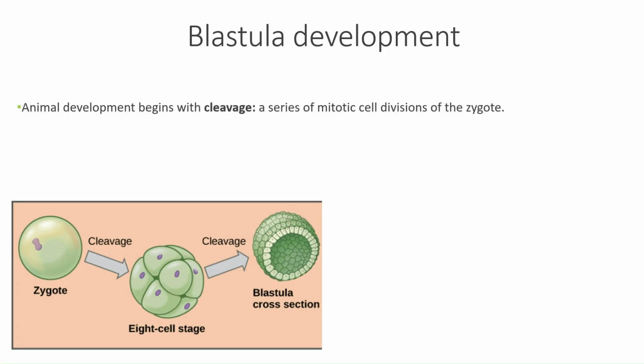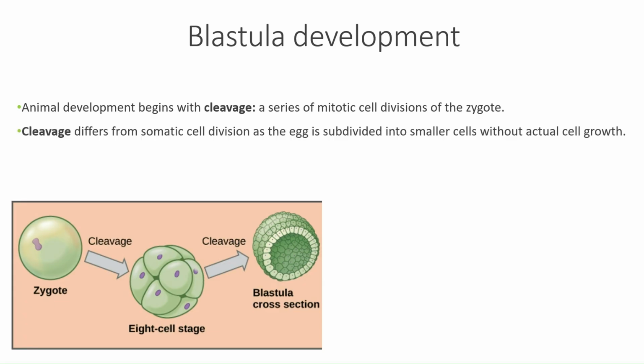However, cleavage differs from typical somatic cell division because there's no overall growth during these early stages. Instead, the embryo is subdividing the original cytoplasm into smaller and smaller cells without increasing total volume. So you notice the zygote and the 8-cell stage, there's not as much of a difference in size there. It's just more about separating the cells so then we can begin our specialization process.